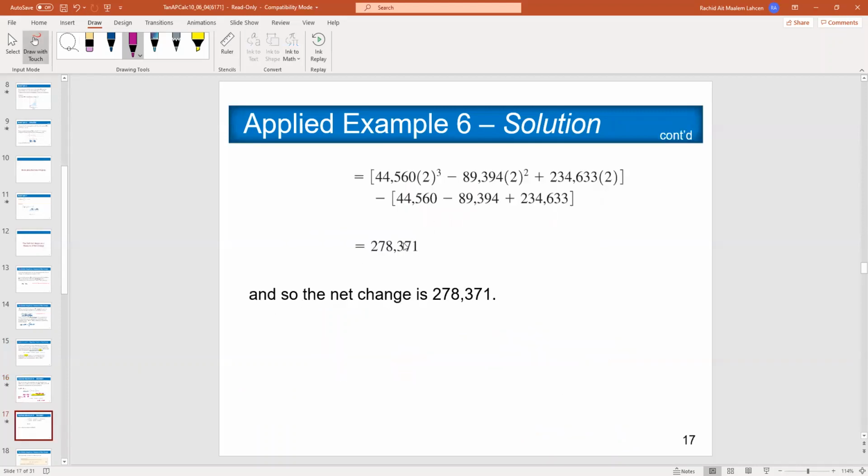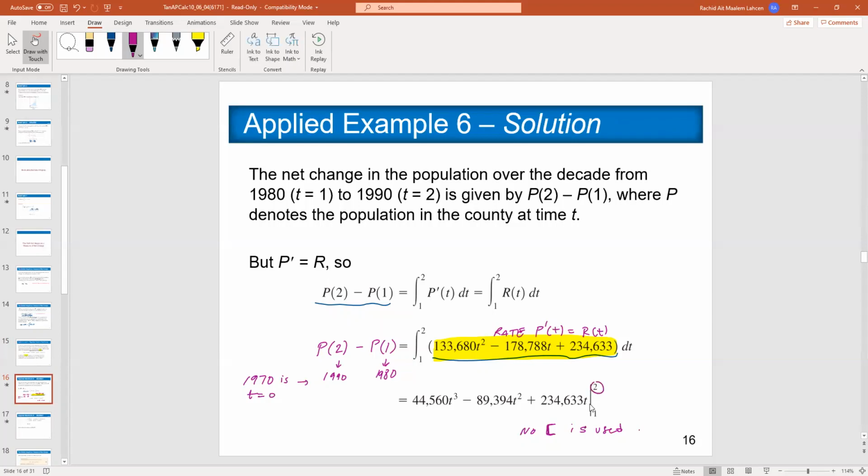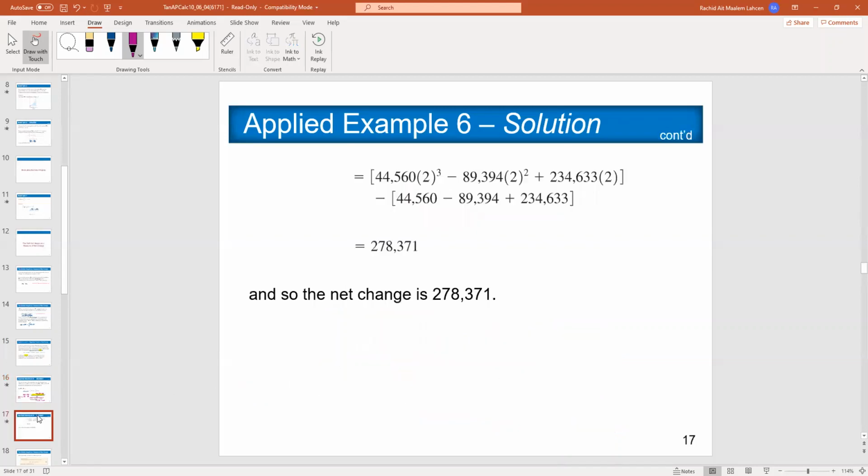And you just do the calculation as usual. We need this for 2. You calculate this for 2, and you calculate this again for 1, and you subtract them.